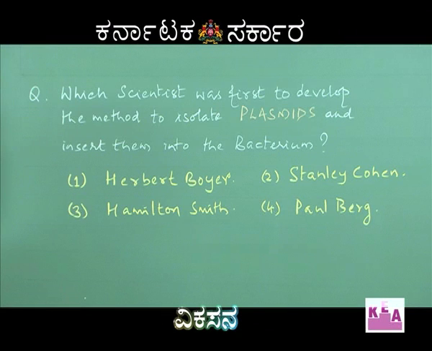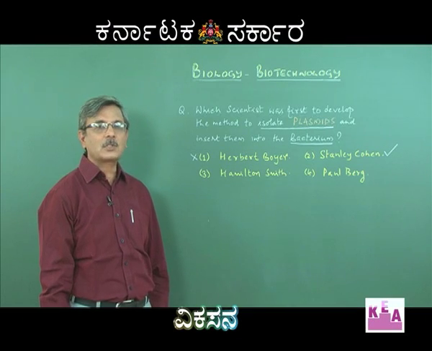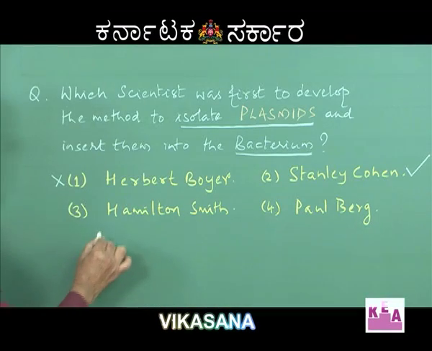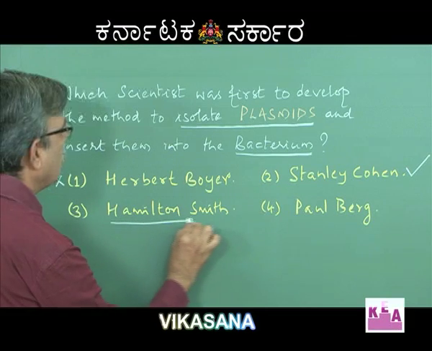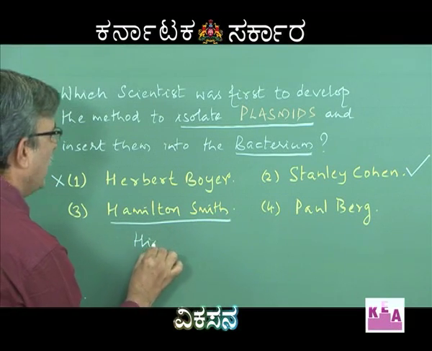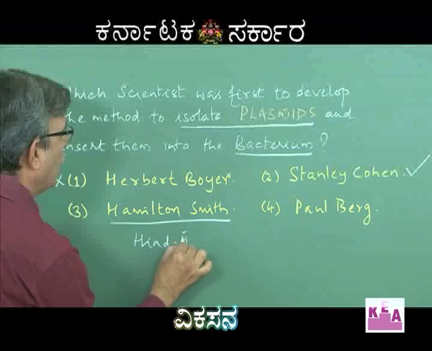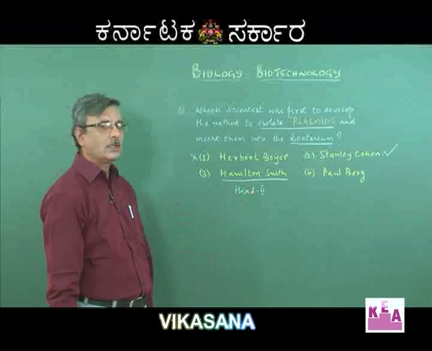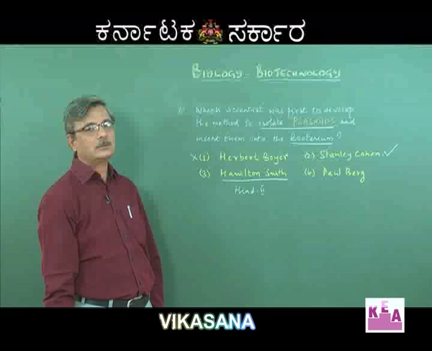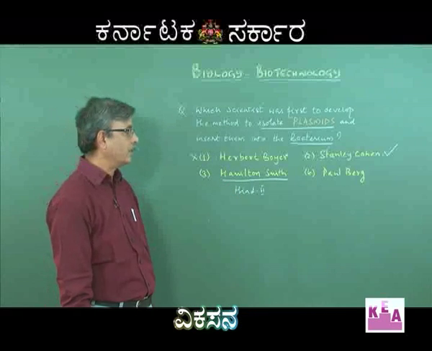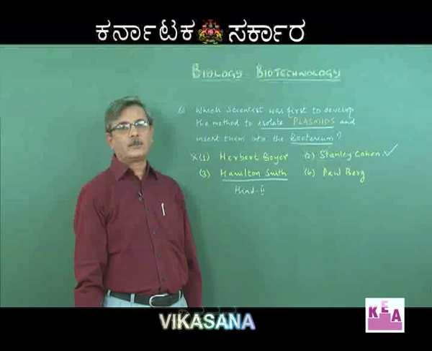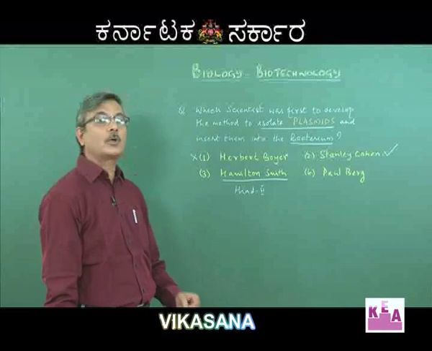And then we look into the other two options also. Hamilton Smith. Remember, Hamilton Smith was the first person to study and type the restriction enzyme we call HindII. Haemophilus influenzae is the bacterium from which this restriction enzyme is isolated. Paul Berg is called the father of genetic engineering. He was the first person to get a recombinant DNA.